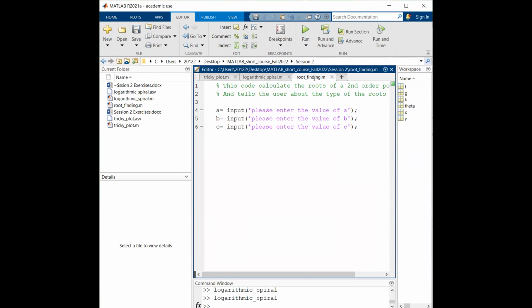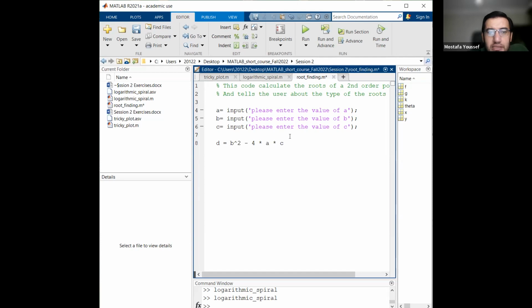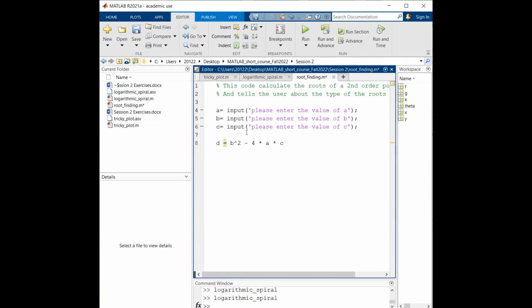I was going to say, for example, now the discriminant D equals B squared minus 4AC, B squared minus 4 times A times C. Do I need any dots here? No, it doesn't matter.